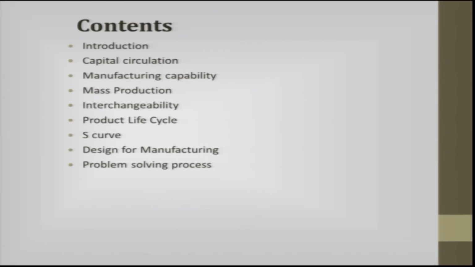Then manufacturing capability, mass production, interchangeability, which is a very important concept. When you talk about product, interchangeability is very important. Then product life cycle, S curve, design for manufacturing. We will just have an introduction in this chapter, but later we will have a complete session discussing it, and then last will be the problem solving process.